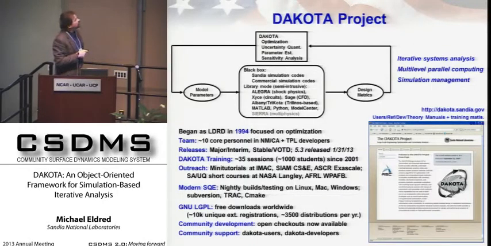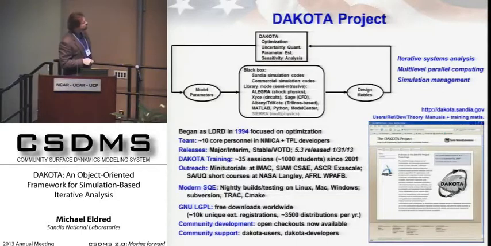We do a variety of releases, we do training sessions, we do mini tutorials, we've got a variety of outreach activities. Perhaps the most important thing on this list, as was alluded to earlier, is we're an open source software framework. So you can freely download both source distributions and binary distributions, and we support Linux, Mac, and to a lesser degree Windows, but that is becoming more important as we go forward.